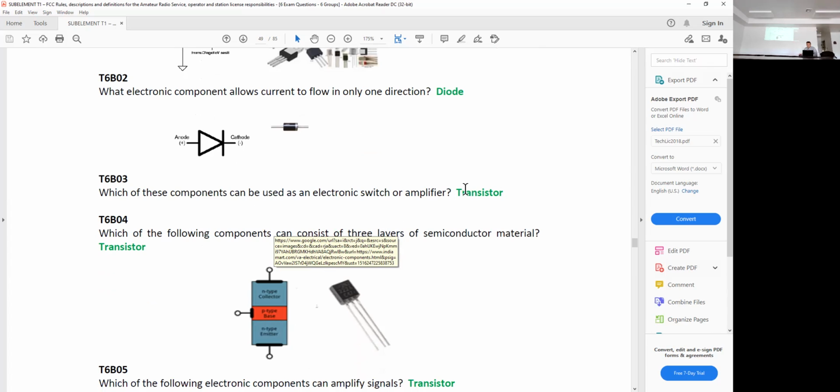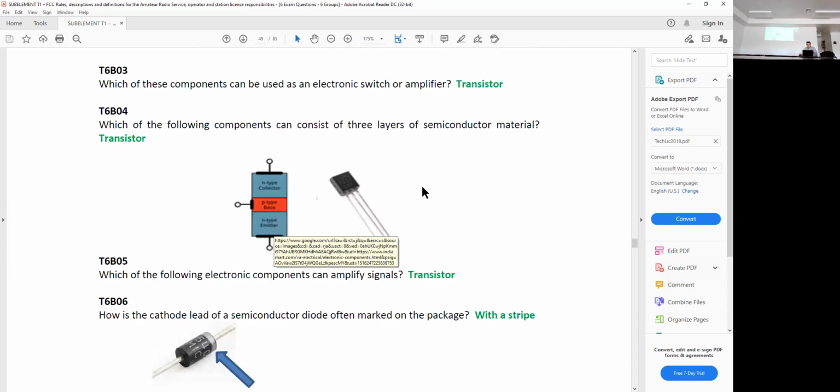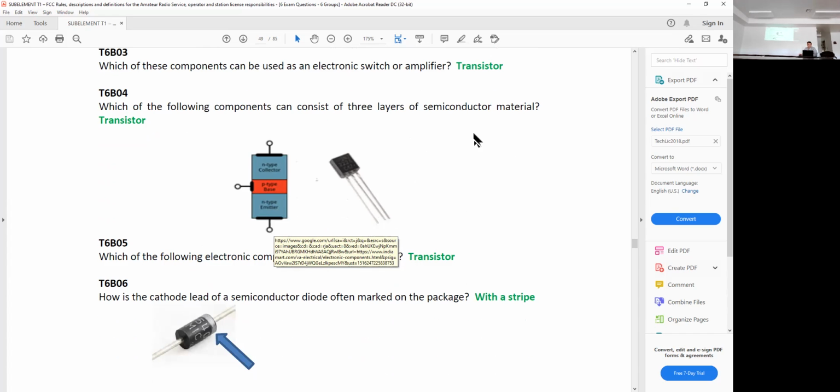And that's the transistor. We kind of already talked about that. Which of the following components can consist of 3 layers of semiconductor material? And that's the transistor. And I like that they made a little picture here. Can you guys see my mouse, or is it better when I stand up and point at it?